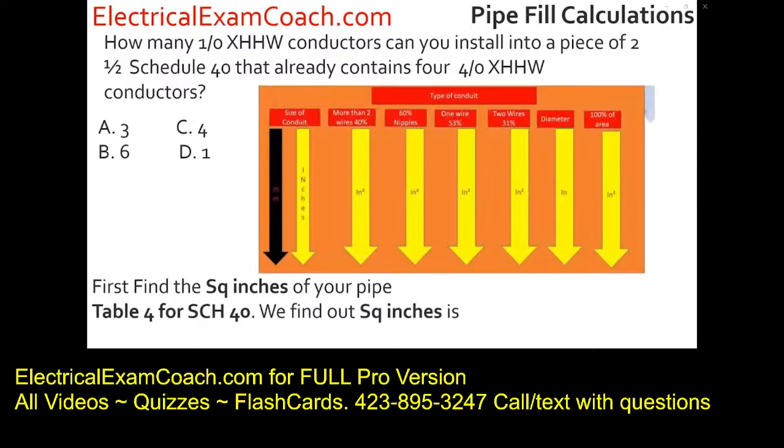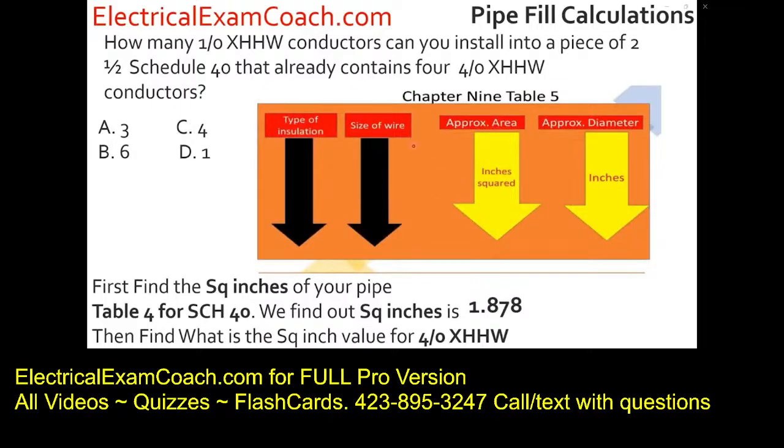When we get there, we're first going to verify that we are in the right type of conduit. Then we're going to come over here to the left, find our size of conduit. Then we're going to come over to the 40% column because we have more than 2 conductors. And we're going to find that for this conduit, it's 1.878. Now we need to head to Chapter 9, Table 5 and find out the square inch values of our wires.